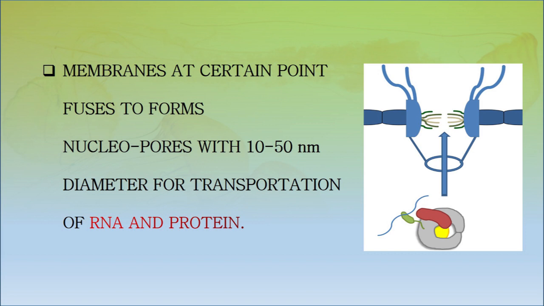The two nuclear membranes often fuse at certain points to create pores with 10 to 50 nanometer diameter called nucleopores. The pores are designed for import or export of materials such as RNA, proteins, nucleotides, nucleosides, ions, etc., with the cytoplasm and other cell organelles.